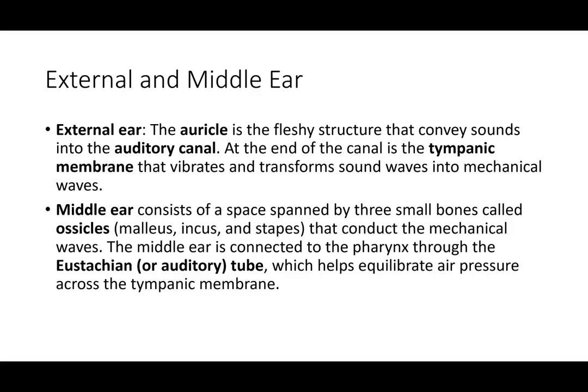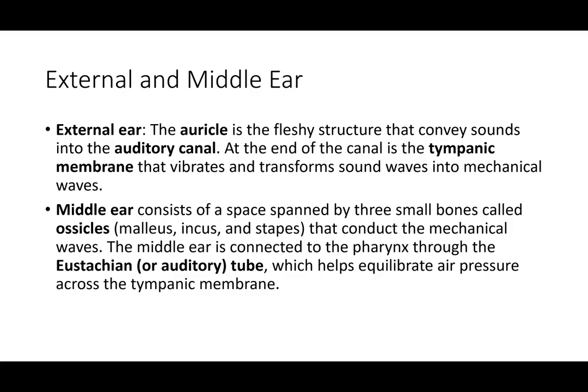The auricle, that external part of our ear, is really important for helping to move sound waves into the auditory canal, which will move them to the tympanic membrane, which picks up those vibrations, those sound waves, and transforms them into mechanical waves, which go through the middle ear, which is the space spanned by the three small bones called the ossicles.